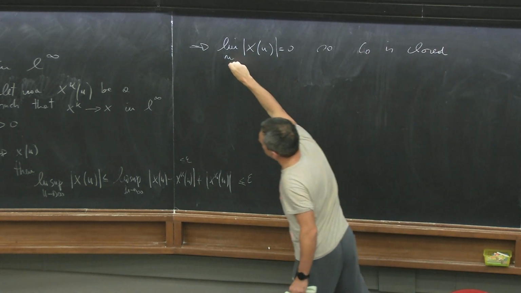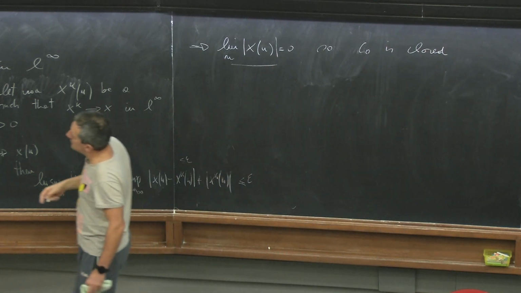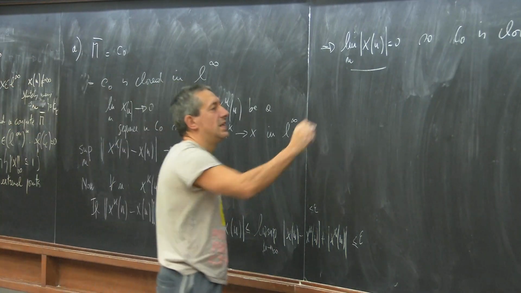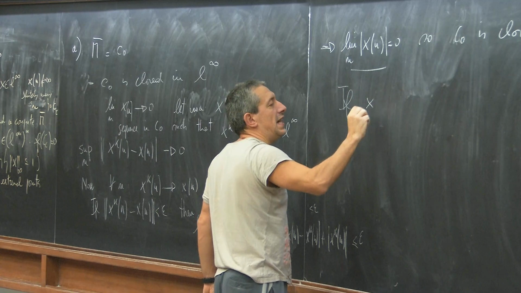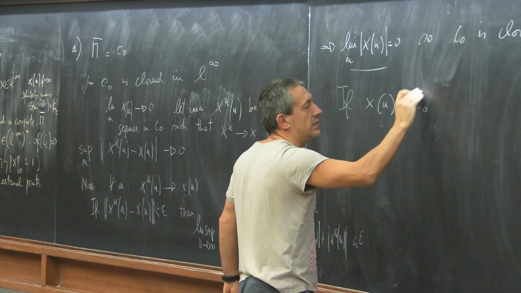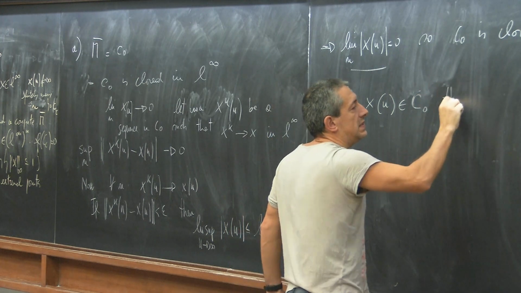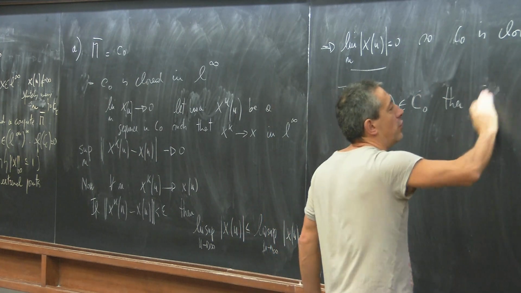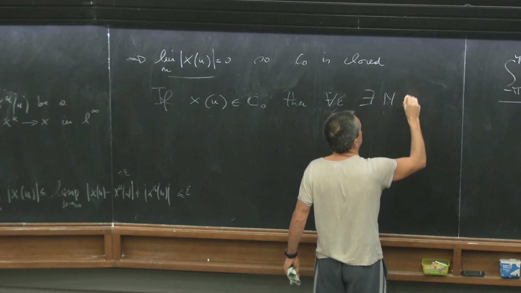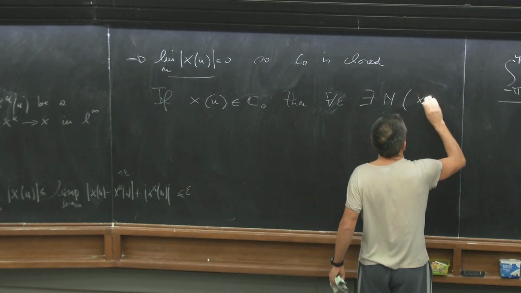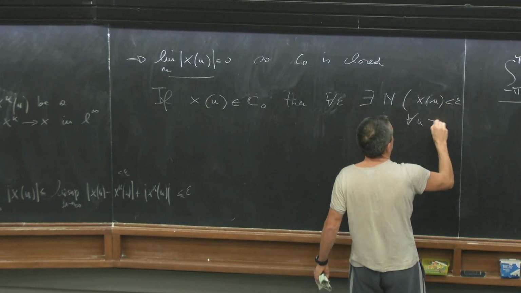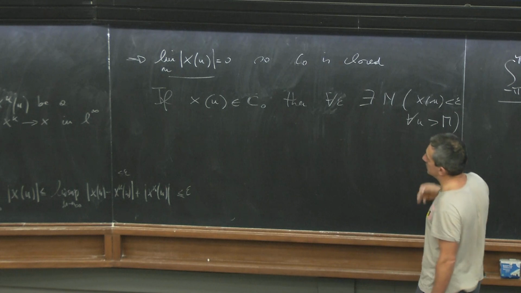Now I have to prove that the finite sequences are dense. If x belongs to C0, then for all epsilon there exists a capital N such that xn is less than epsilon for all n greater than N, because it's in C0.